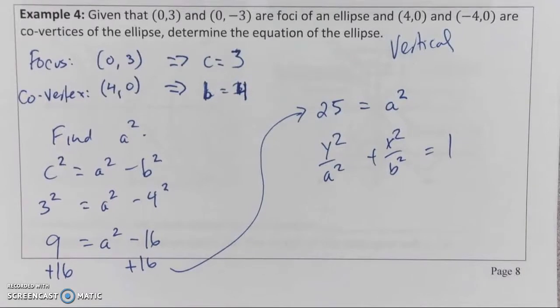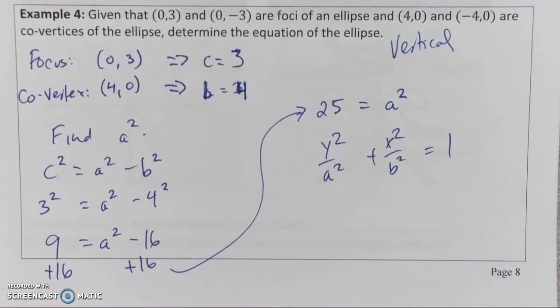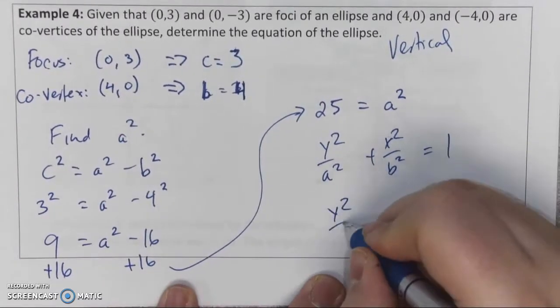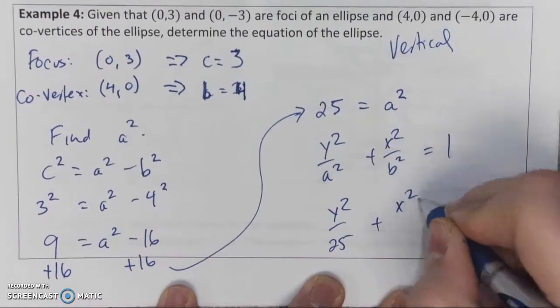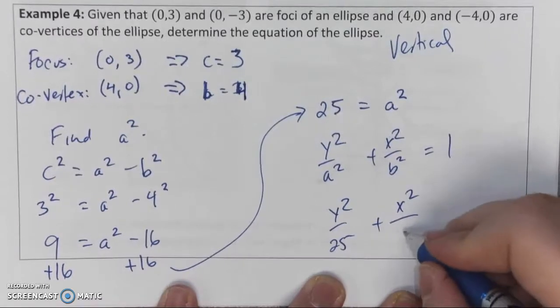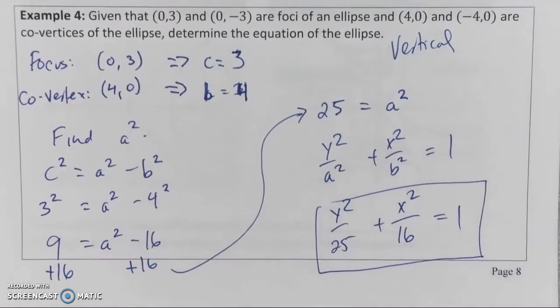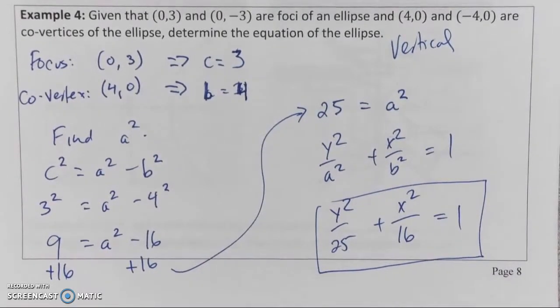So this time your y squared is your longest axis, which is why it's going on top with the a squared. So we have y squared over 25 plus x squared over 4 squared, which is 16, and that equals 1. So this is the equation of your ellipse: y squared over 25 plus x squared over 16 equals 1. And that's the equation of your ellipse.